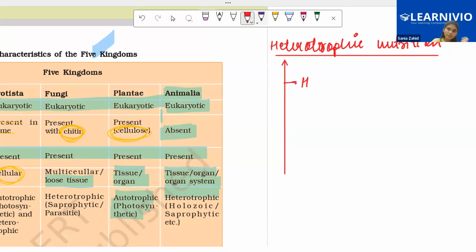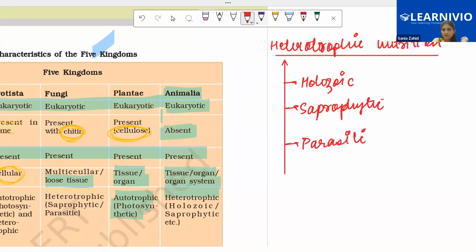It can be holozoic, it can be saprophytic, it can be parasitic. Okay, so holozoic means like a tiger. What does it do? It eats the entire deer as its own. Okay, so that is holozoic mode of nutrition. Eating another organism as a whole.